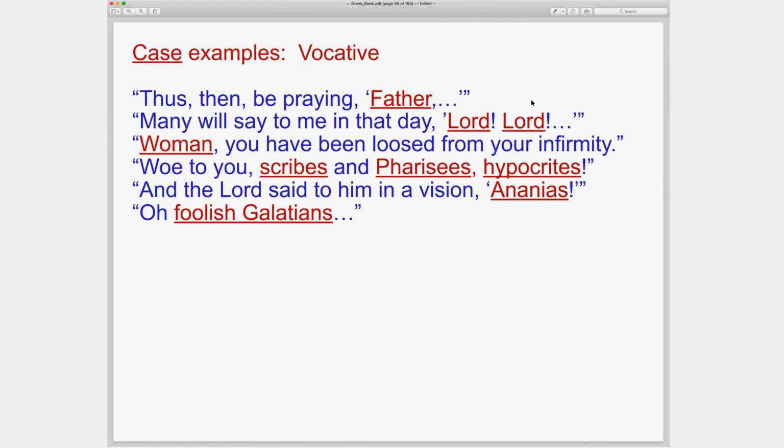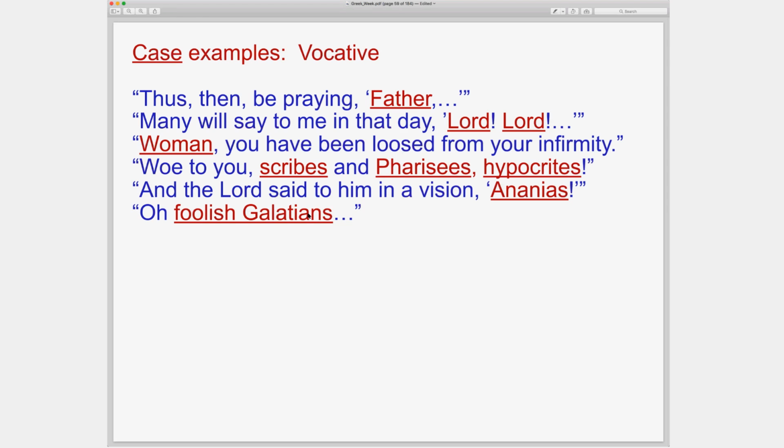All right, now it gets easier. Case example. Vocative. Thus then be praying, Father in heaven, hallowed be thy name. Many will say to me in that day, Lord, Lord. And those are vocative. Woman, you have been loosed from your infirmity. That's vocative. Woe to you, scribes and Pharisees, hypocrites.